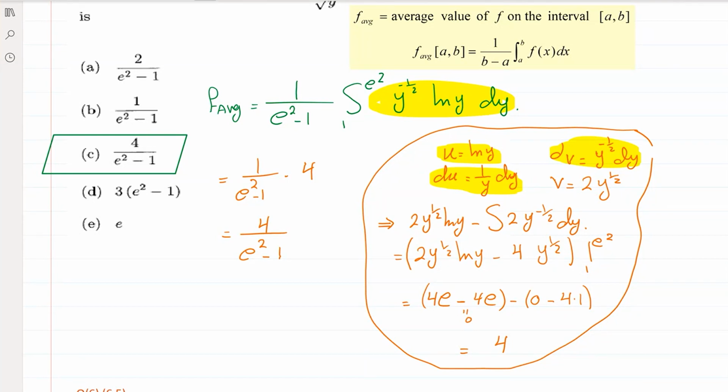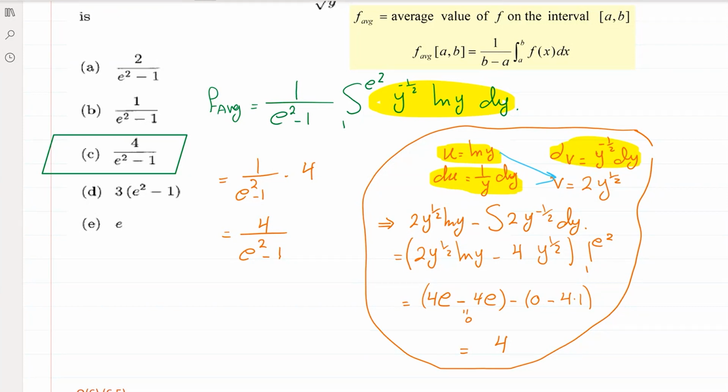Half down, you can write it as 2 up. Okay, so then we have u times v minus v du.